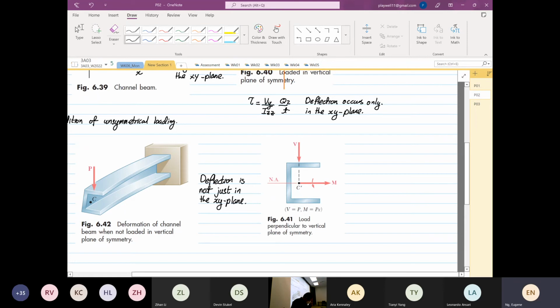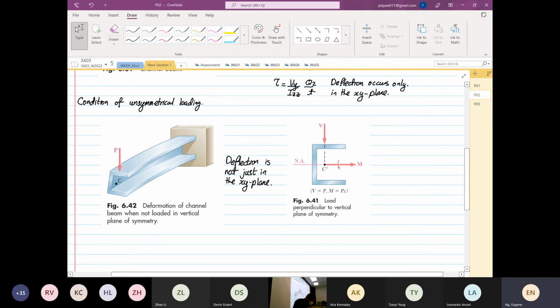So what you see over here, right? You will see that there is a twist, okay, about the x-axis, right? You can see there is not just a vertical deflection.